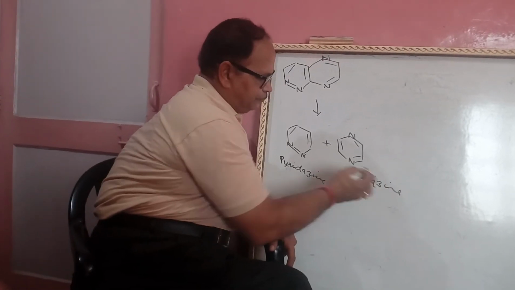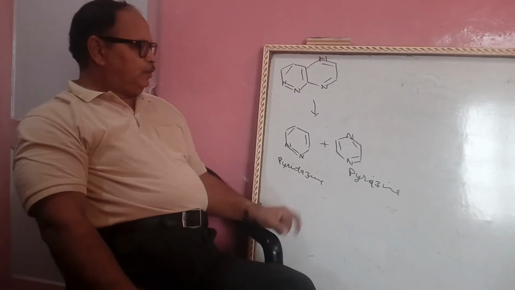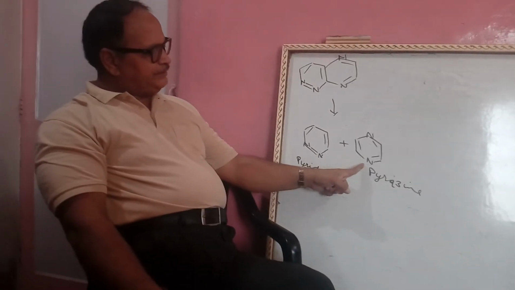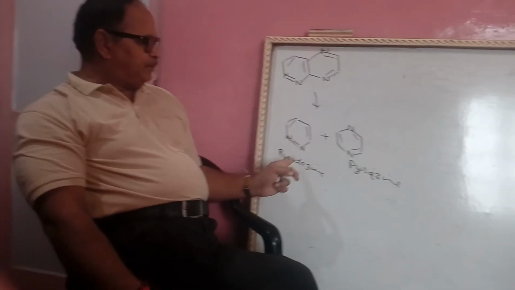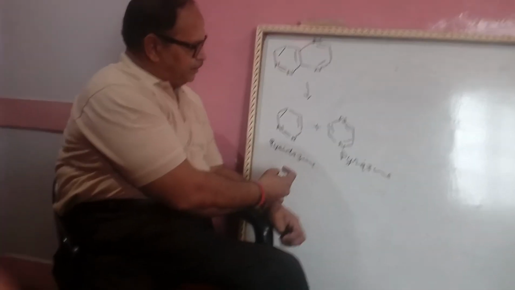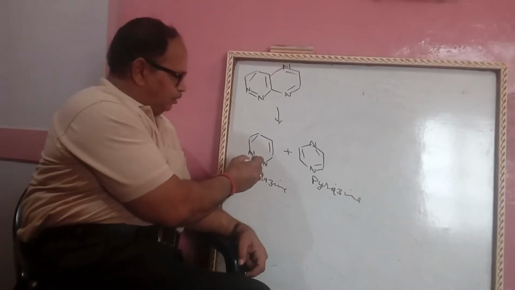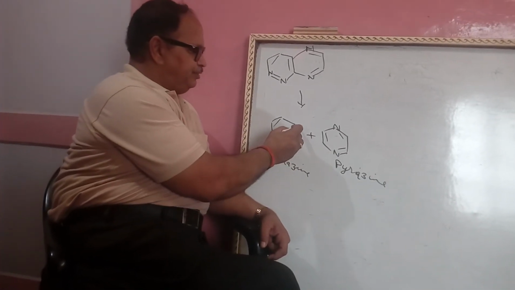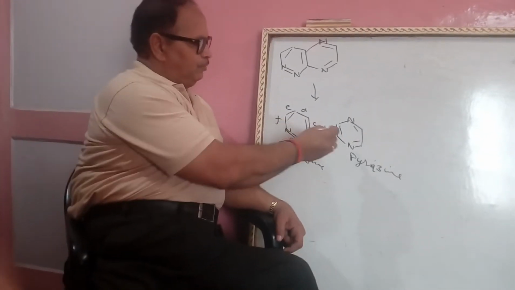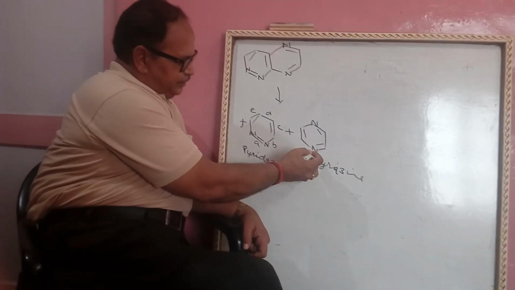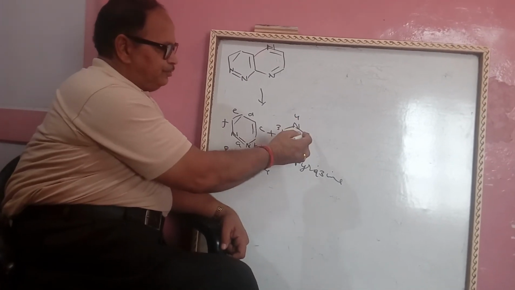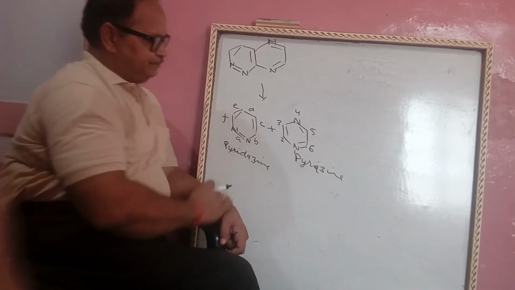In this case, the attached component is this pyrazine, while the base component is pyridazine. So it can be numbered as a, b, c, d, e and f, while this can be numbered as 1, 2, 3, 4, 5, 6.